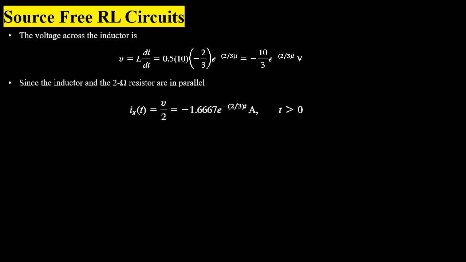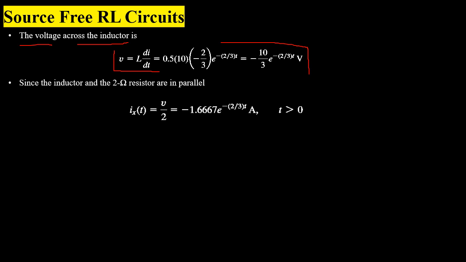As we have the value of current through an inductor, we can easily find other circuit variables. Now the voltage across the inductor is equal to the inductance multiplied by the rate of change of current. Substituting the values, we will have a voltage of -10/3 e^(-2t/3) volts.